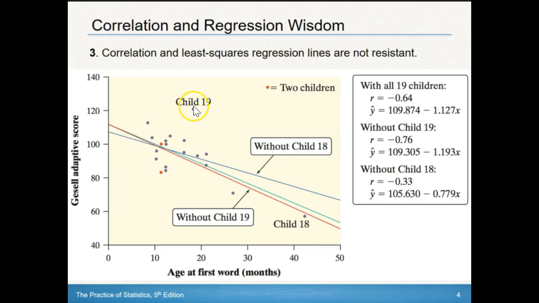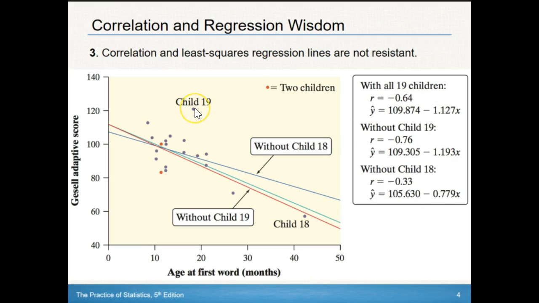Now, if we leave in child 18, but take out child 19 up here, then the red line is the line of prediction. Notice how close the red line is to the green line. So without child 19, the R is not that much different from the original line, and the y-intercept is very close to the same, and the slope is very close to the same.